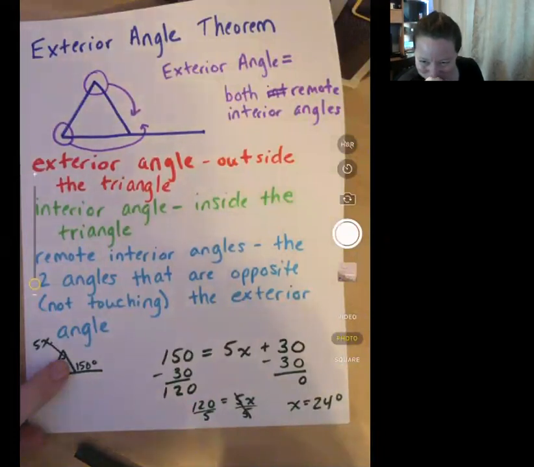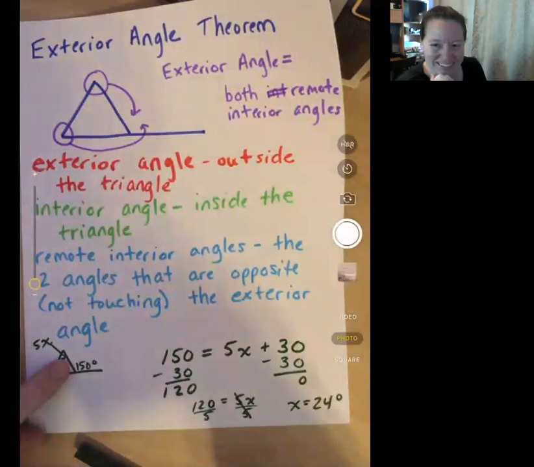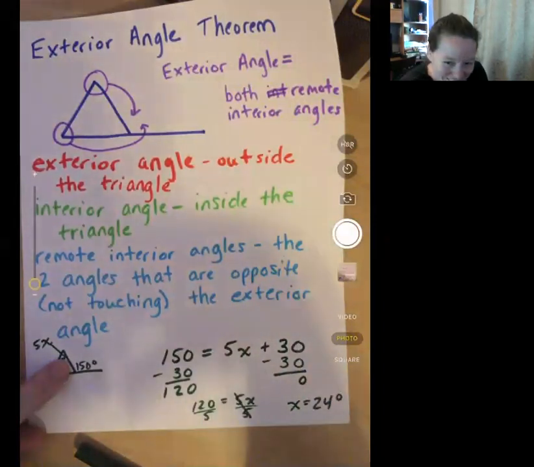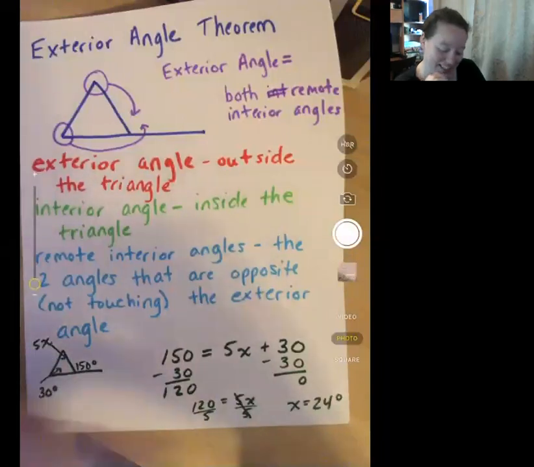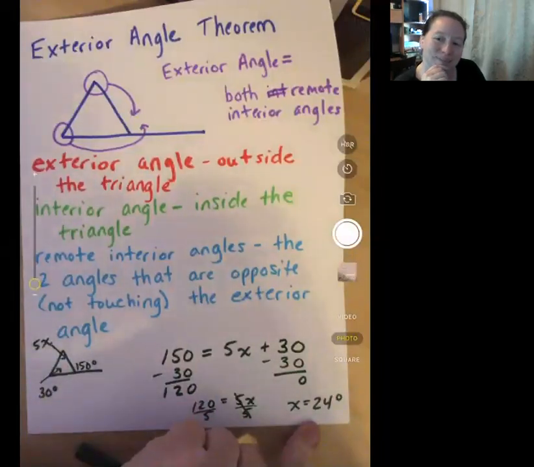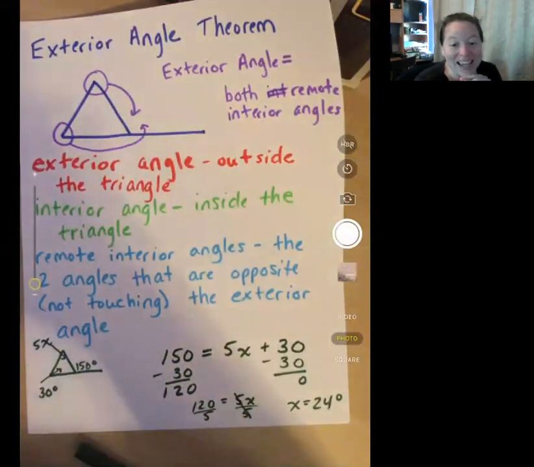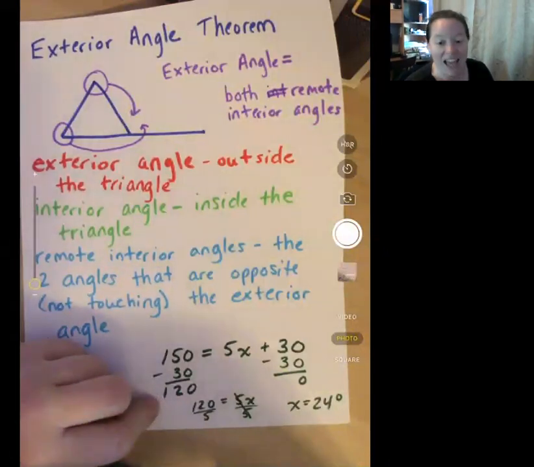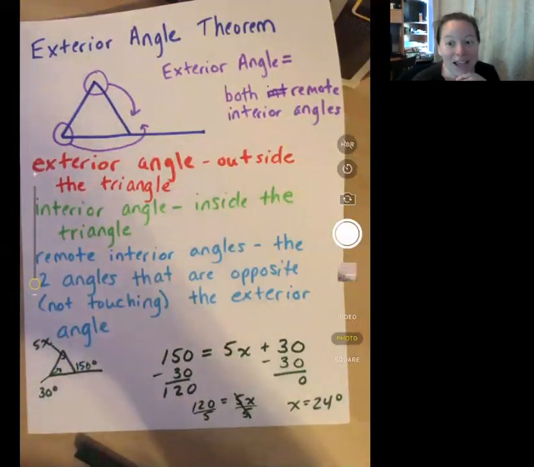This is why we use protractors. So yes, the answer for x is in fact 24 degrees. The answer for what our missing angle is in fact 120 degrees, despite it being tiny.